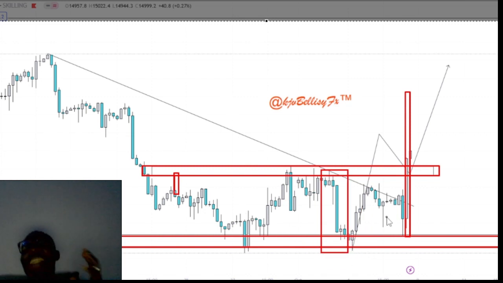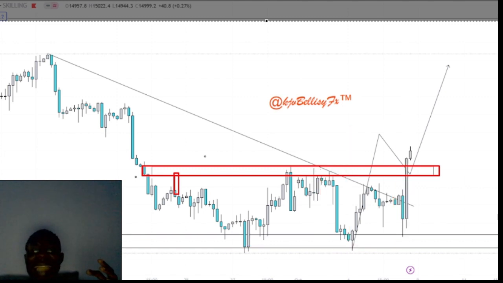Conservatively, until price breaks this level, I should not buy. Now I'm doing analysis, but basically what is important to us here is that key level. Although this example I'm giving now is not a doji, immediately I see this bullish candlestick at this key level, it's a confirmation for me to buy already.